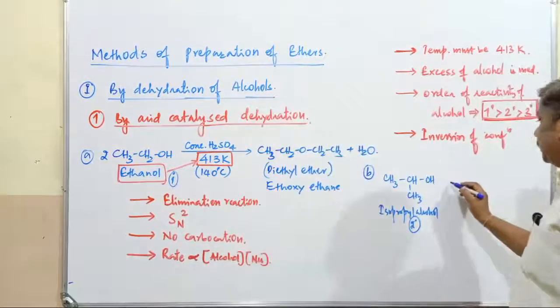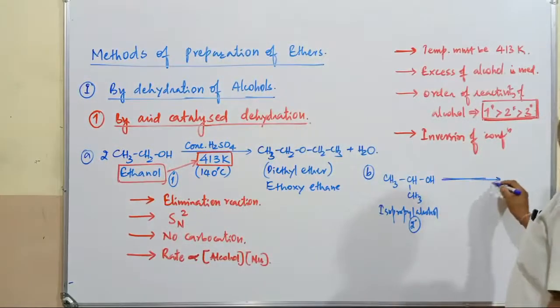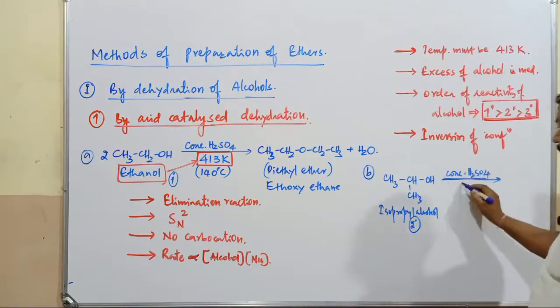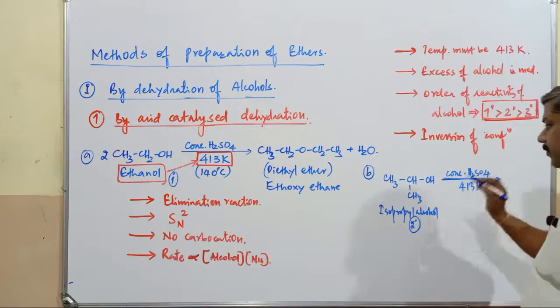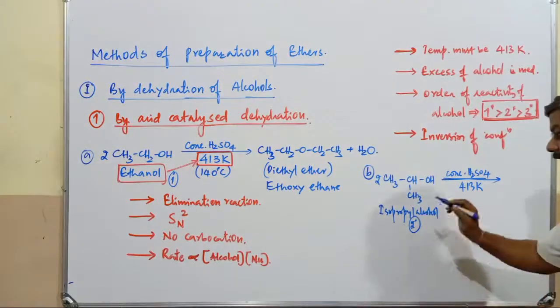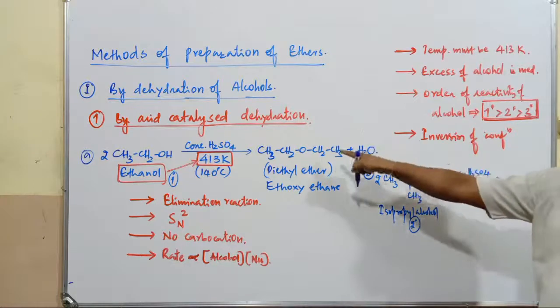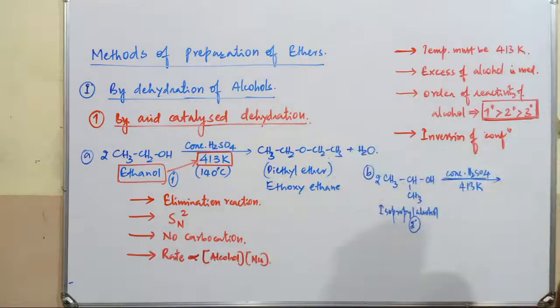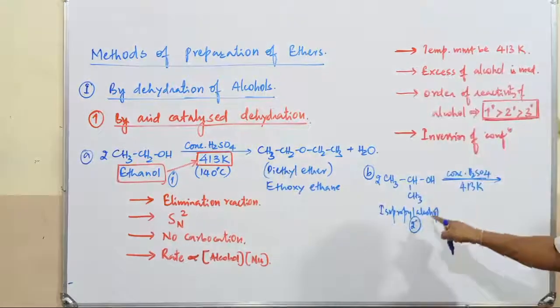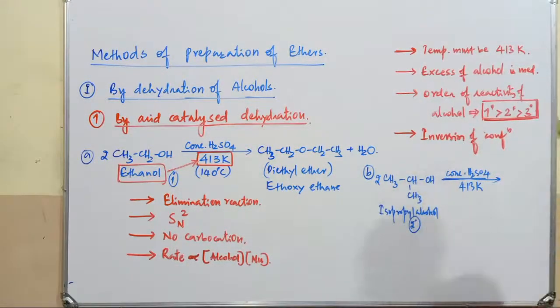When this compound is treated with concentrated sulfuric acid at 413 Kelvin temperature, this is 2 moles. Here, in case of secondary alcohols, formation of only ether does not take place as in case of primary alcohols. Primary alcohols give only the ether compound, but secondary alcohol gives a mixture of 2 compounds.